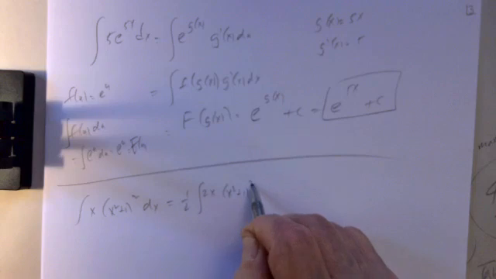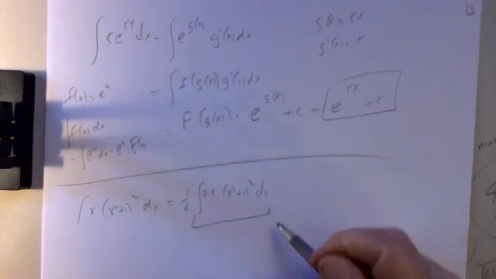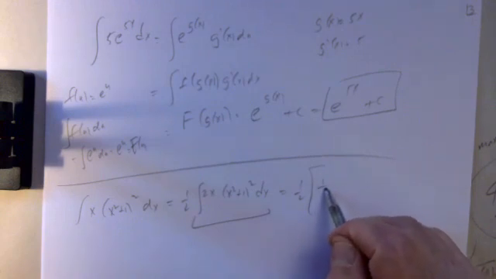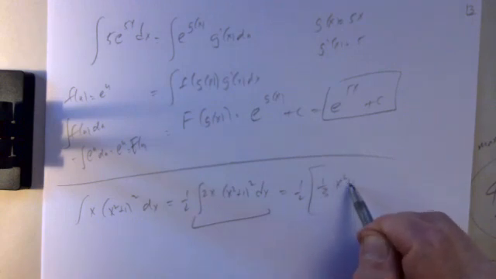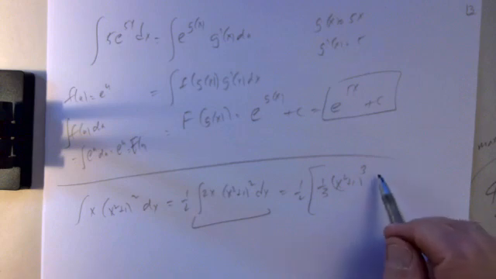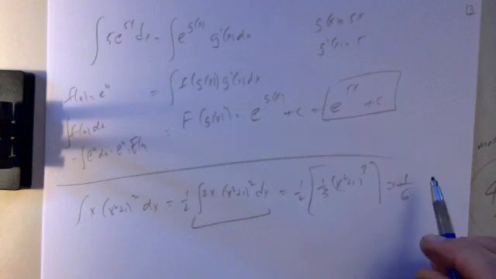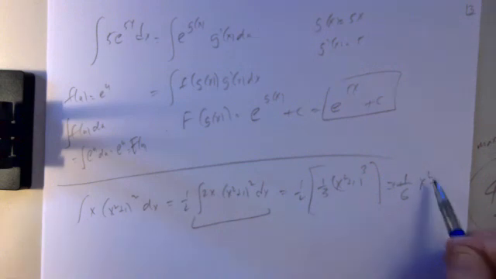And this integral I already did. This is 1/2 times 1/3 x squared plus 1 cubed. So we get 1/6 x squared plus 1 cubed, and there's always an additive constant.